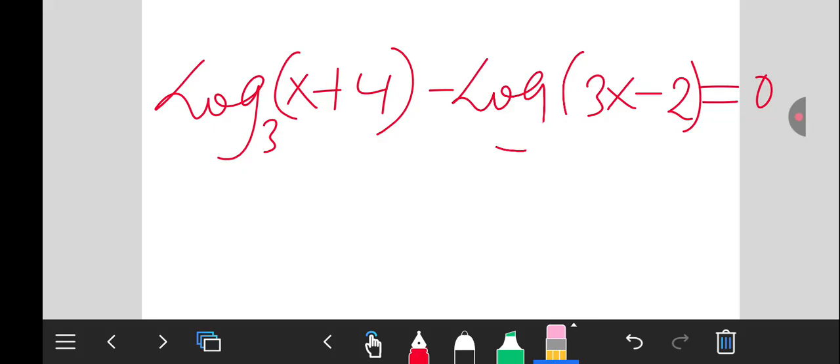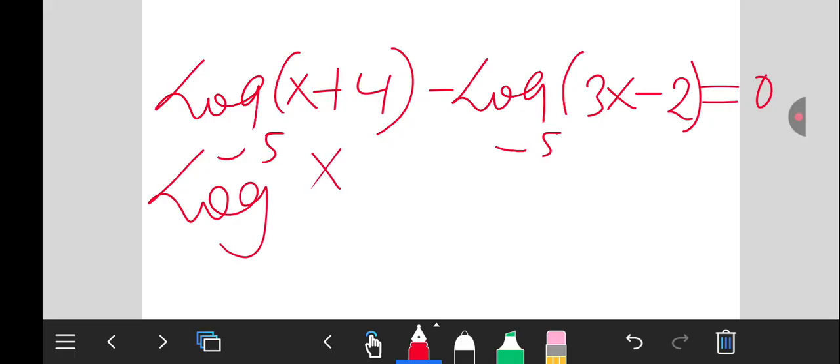Okay. So I will say base 5, even there base 5. So this one, we take the scenario for the last logarithmic law we talked about. So this is the law of subtraction. So for subtraction, we said you take this log x plus 4, then you divide by 3x minus 2.